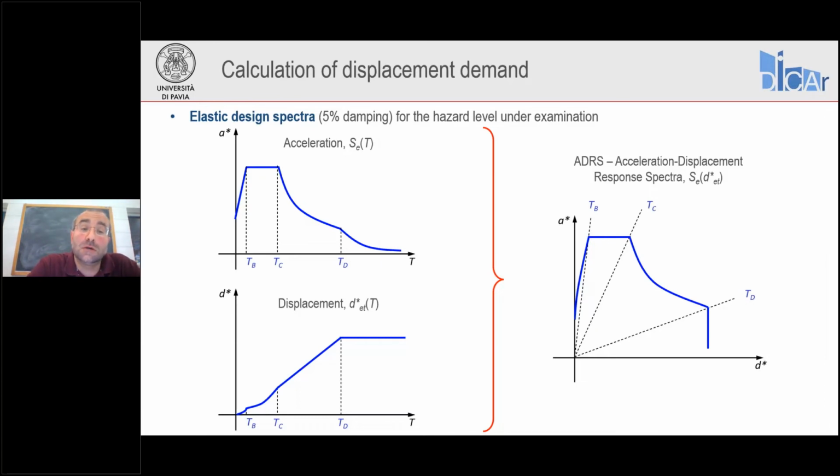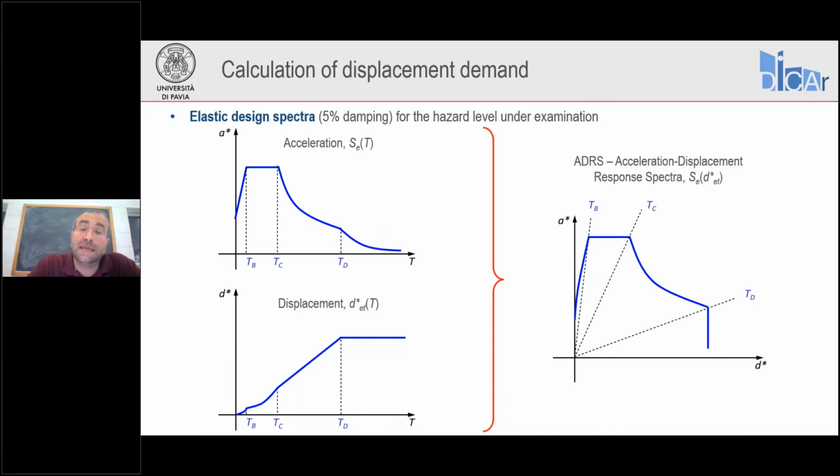We can also associate for each period the spectral acceleration and the spectral displacement. And in this case, we find what we have here on the right-hand side of the slide, the spectrum in the so-called ADRS format. You see, in this case, we have on the horizontal axis the spectral displacement, on the vertical axis the spectral acceleration.